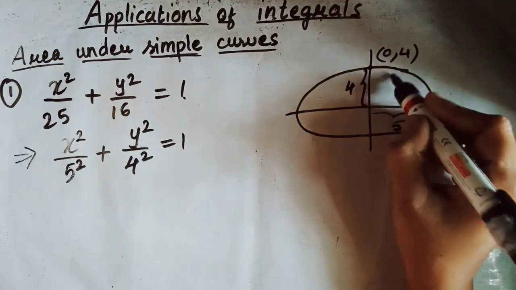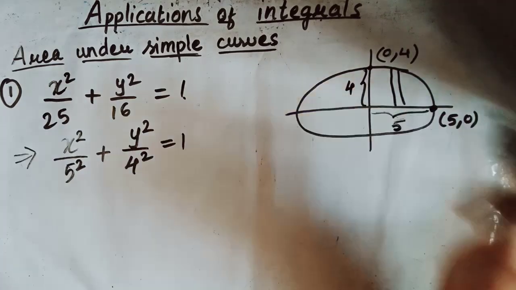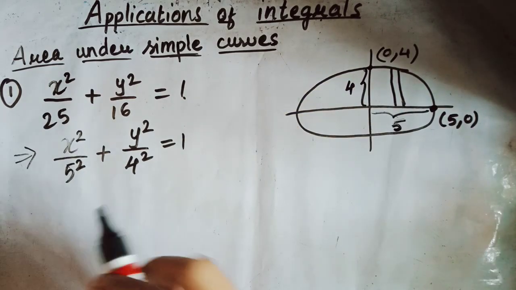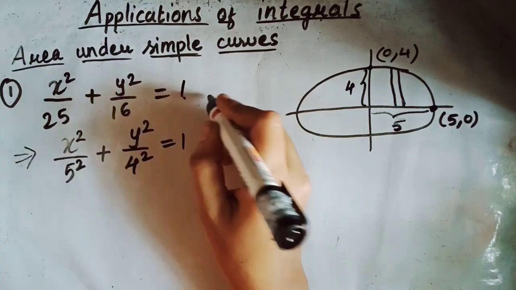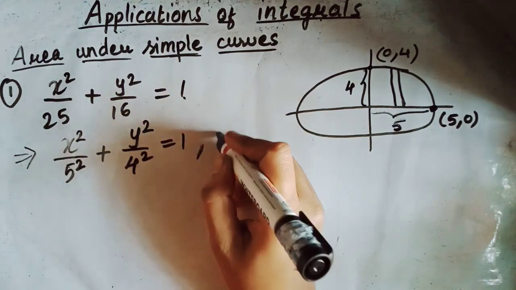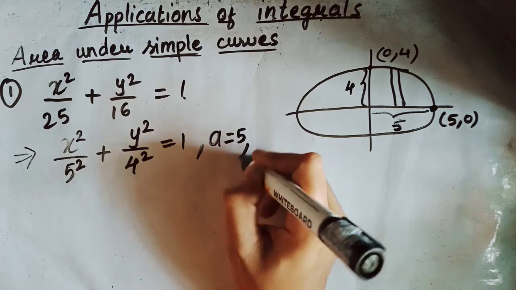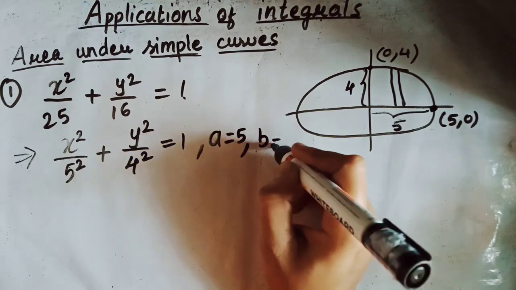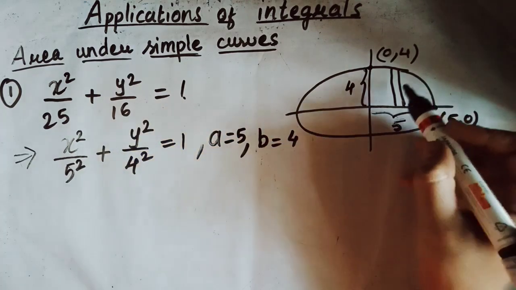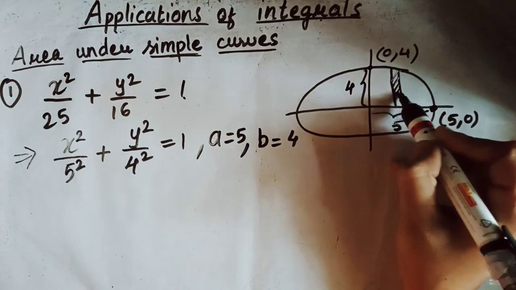So what is a? Here a is 5 and b is 4. We are considering this strip.